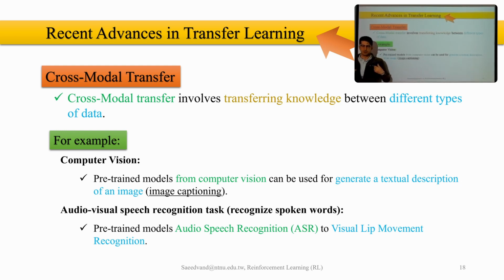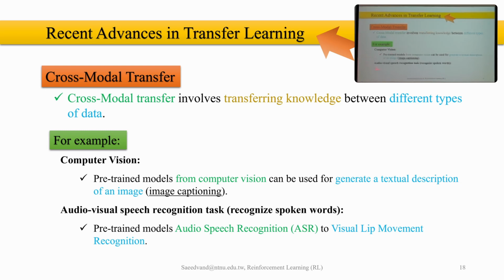If you take an image of me here: the professor is teaching, students are listening, and there is a chair in front of a table. So we have a very common application called image captioning, where a machine learning model tries to describe in text whatever it sees in an image. So in computer vision, we can transfer between these models as cross-modal transfer.